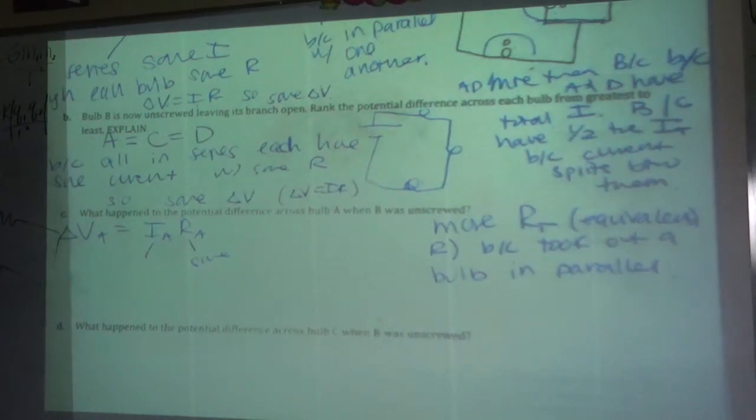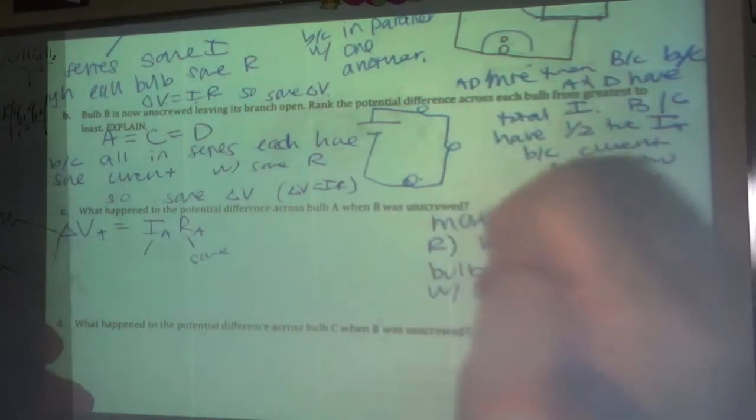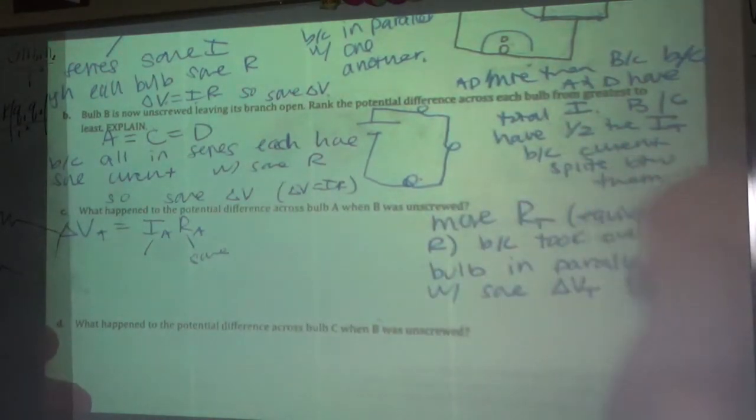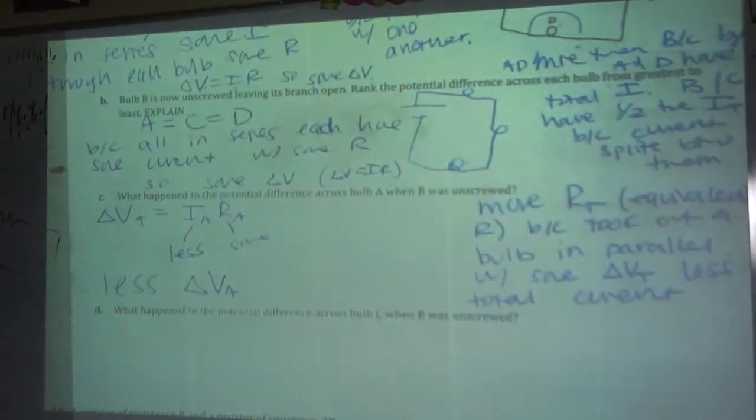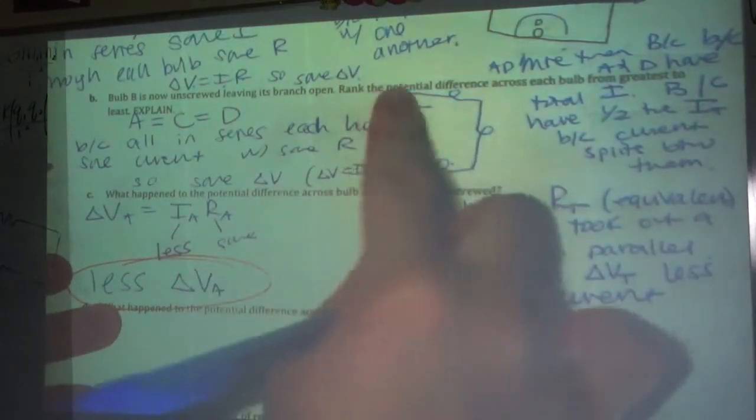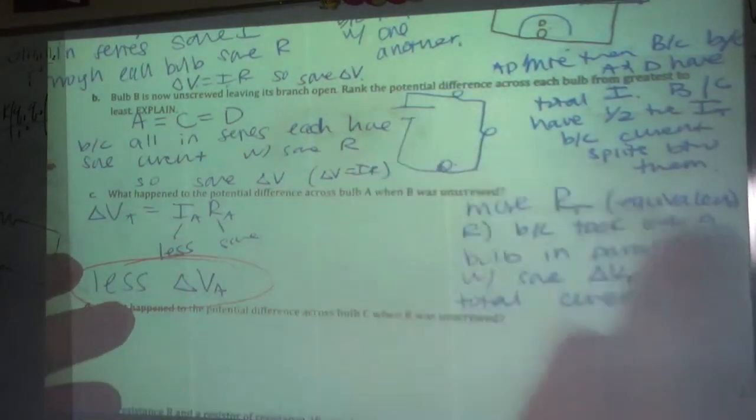And because I have more R total with the same total voltage, you have less total current. So then the current through A is less than before, so that means that you have less of a potential difference now. And your reasoning is you have less of a potential difference because you have less total current through the circuit because you have more total resistance in the circuit.